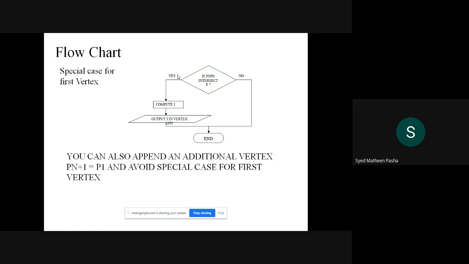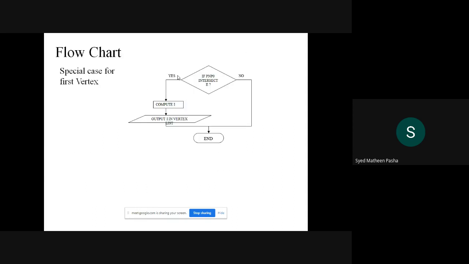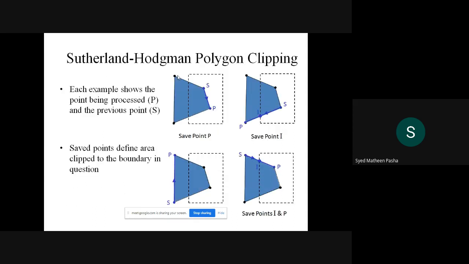So that was about the Sutherland-Hodgman line clipping algorithm. Do you have any doubts regarding the algorithm? Any doubts, students, still there? I will just show you the slides.